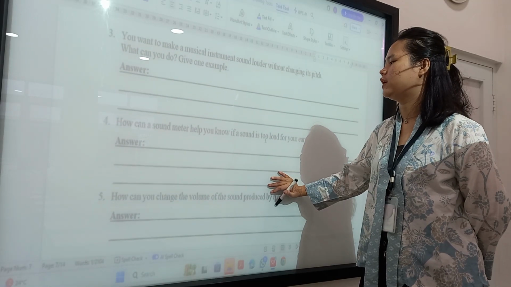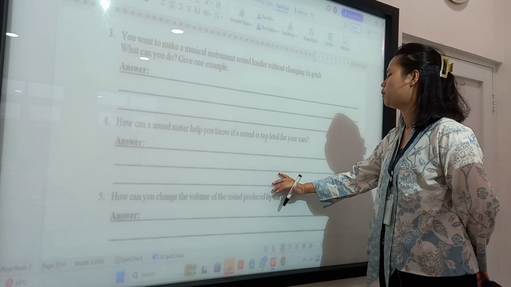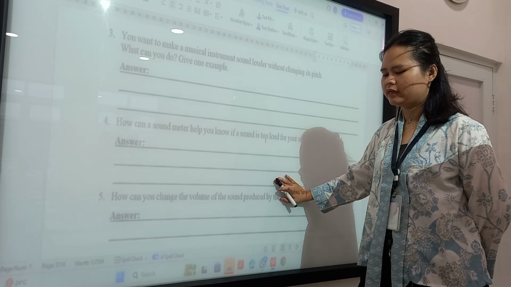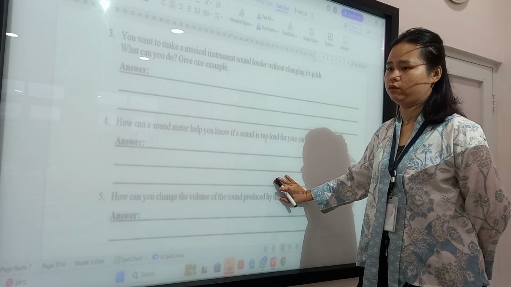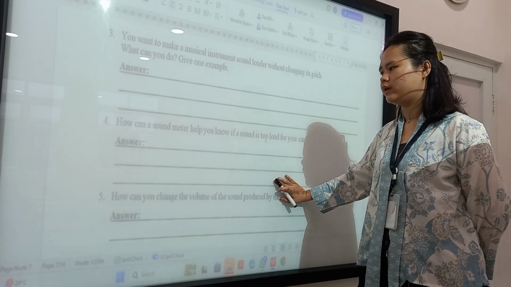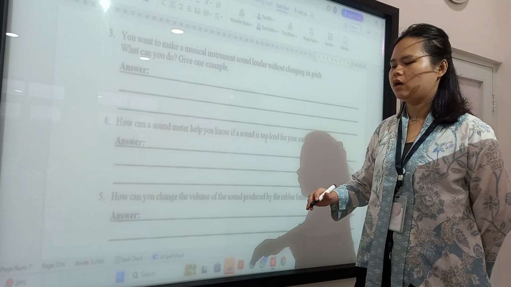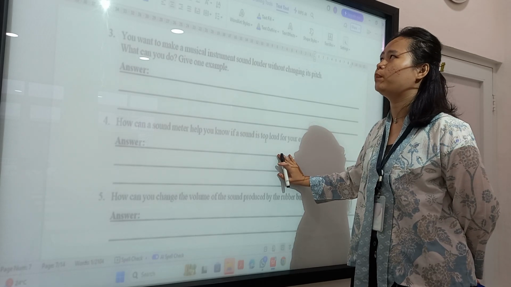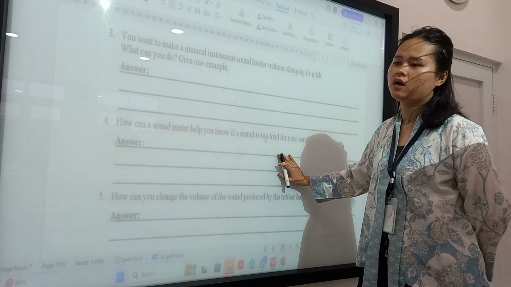How can a sound meter help you know if a sound is too loud for your ears? A sound meter can show us the number of the sound in decibels. On the decibel scale, we already know that above a certain level is hard for our ears.